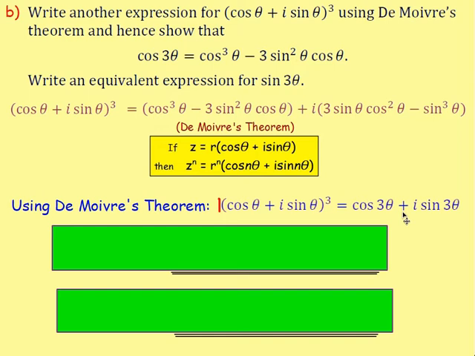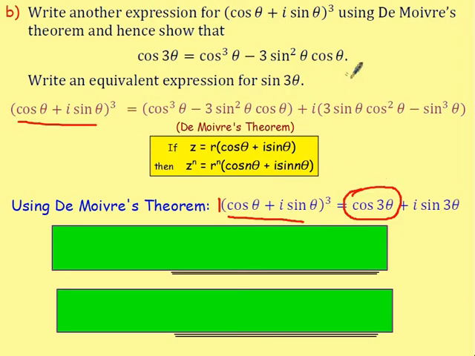What we want to do though is write another expression. We've done it, but we're wanting to show that the cos 3 theta equals this. So how do we go about doing that? Well, what you'll notice is in this answer the cos 3 theta was the real part. And we know that when we expanded this, this is what we got. But when we expanded it up here, this is what we got.